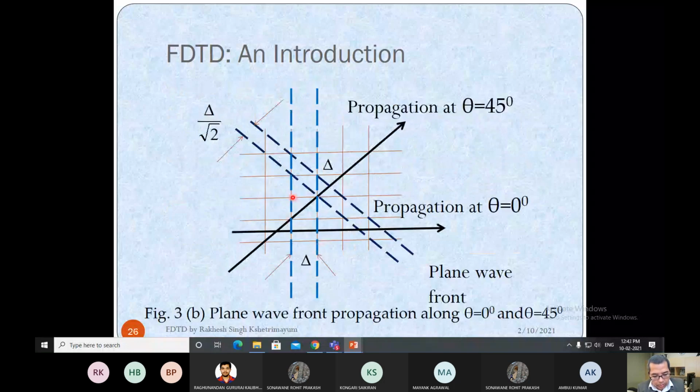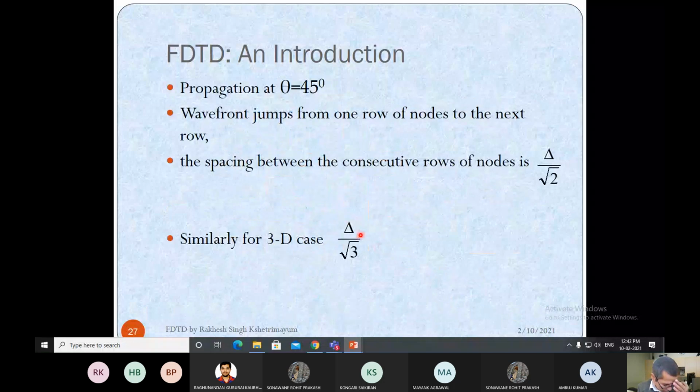It will no longer be this square discretization here, it will be a cube. In the cube, how much is the length along the diagonal direction? It will be delta by root 3. So the wave has to move at least a distance of delta by root 3 to reach the next cell.